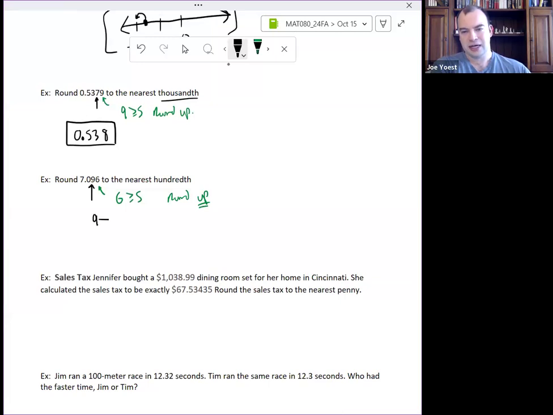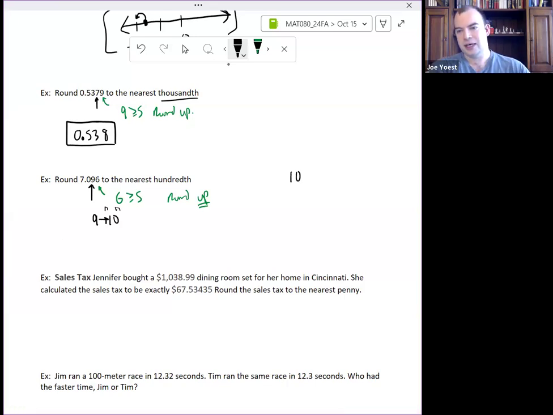So I want 9 to go to 10. Or I want like 7.010, I want 10 hundredths. But I know that's not going to work, right? I can't put two digits in one place.